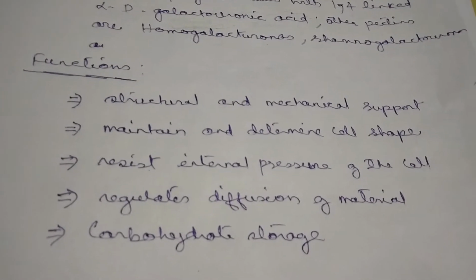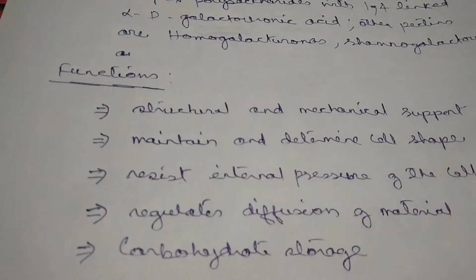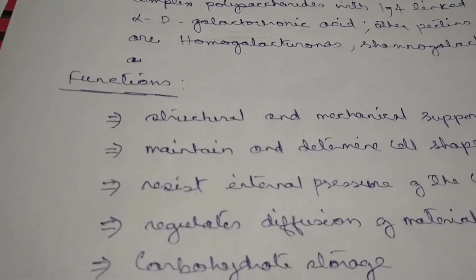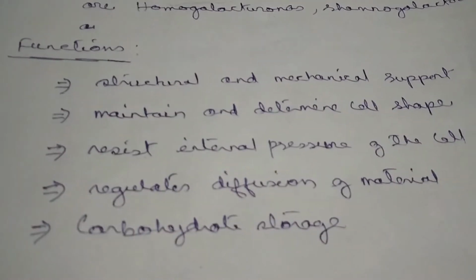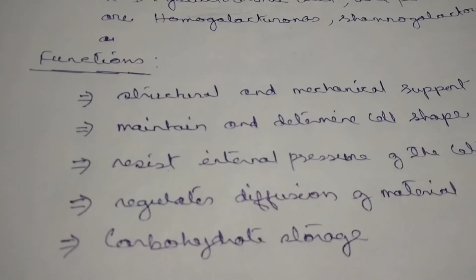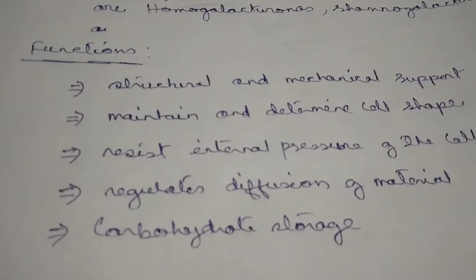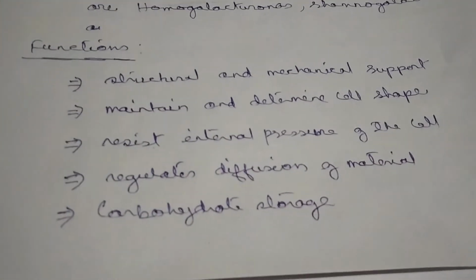It regulates diffusion of material. Yes, it does. There are plenty of materials which are to be brought in the cell from higher concentration to lower concentration. So cell walls have pit-like connections called plasmodesmata, which helps in diffusion of material from one cell to the other.